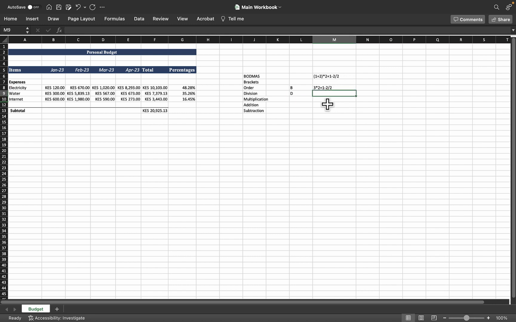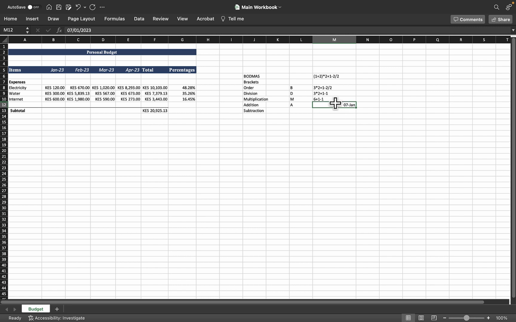So that is going to be 3 times 2 plus 1 minus 1. Then after that we do multiplication. So 3 times 2 is 6, plus 1 minus 1. Then after that we do addition, which is 7 minus 1.